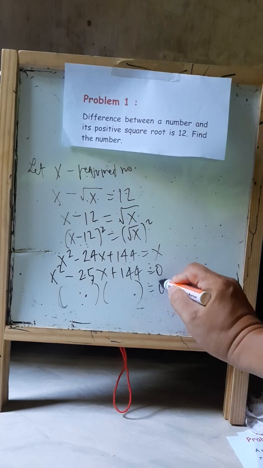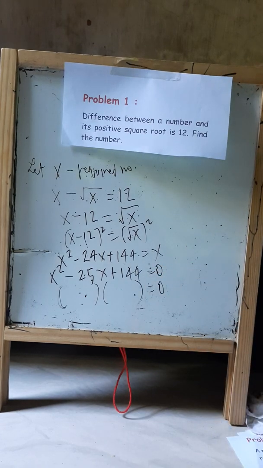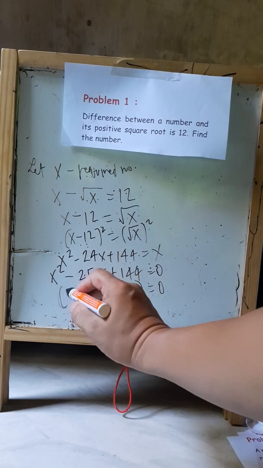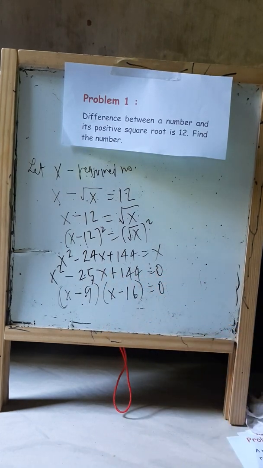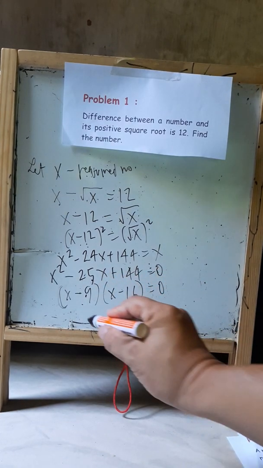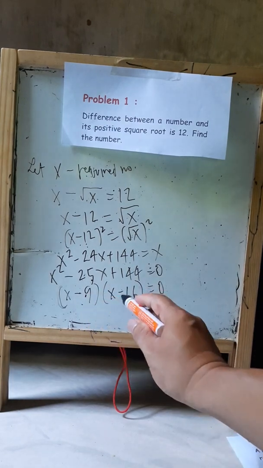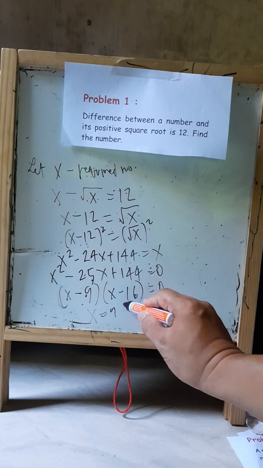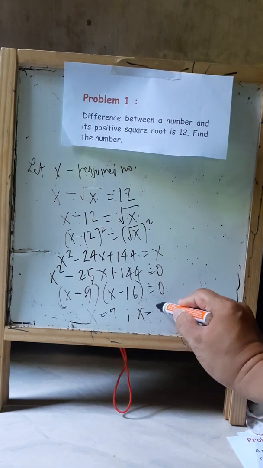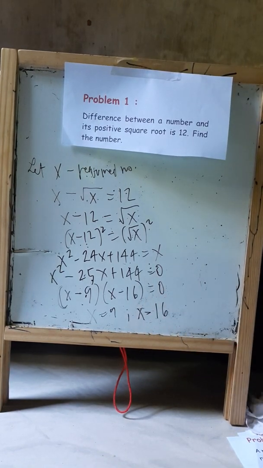What are the factors of 144 whose sum is negative 25? These are negative 9 and negative 16. So if we equate x minus 9 and x minus 16 both to 0, then the values of x are positive 9 and positive 16.